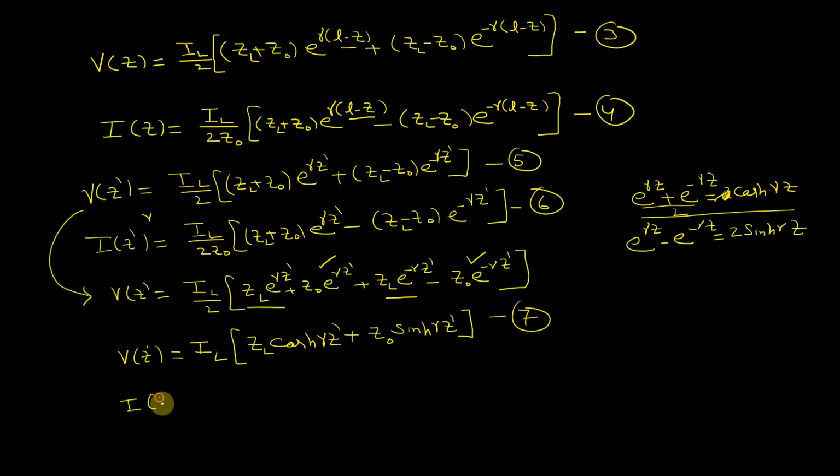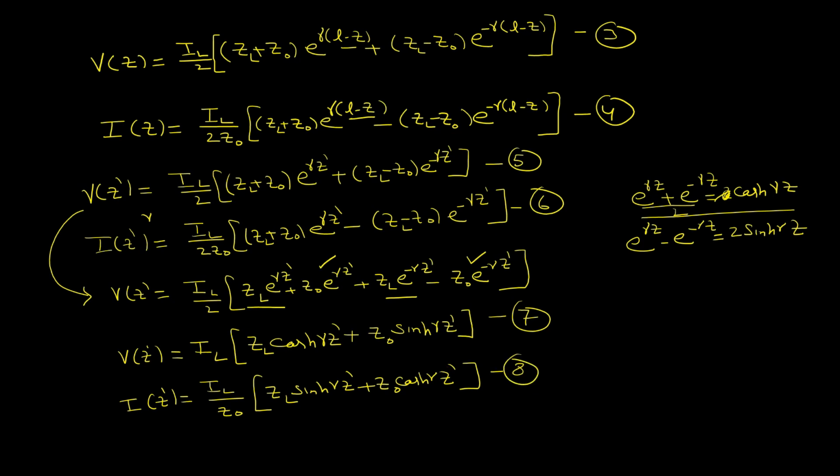Iz dash will be equal to IL divided by Z naught, into ZL sin hyperbolic gamma z dash plus Z naught cos hyperbolic gamma z dash. So this is equation 8.